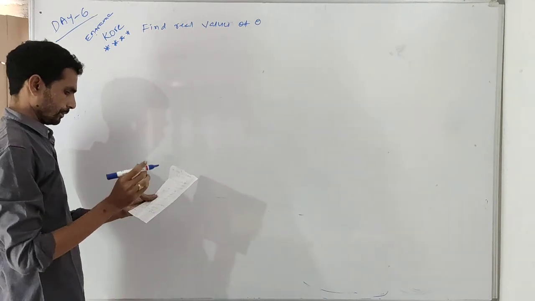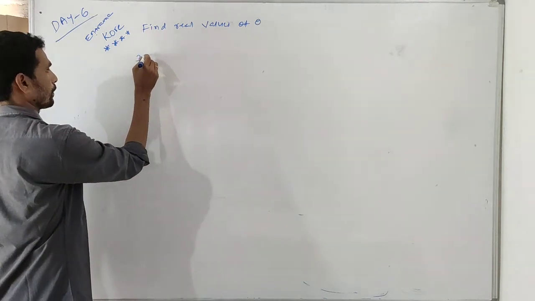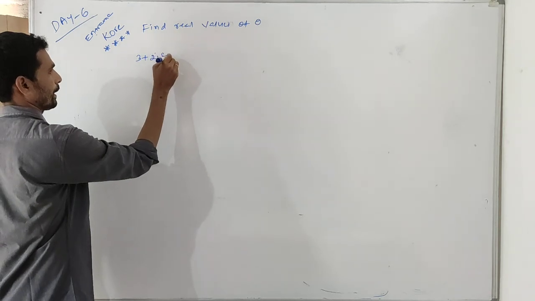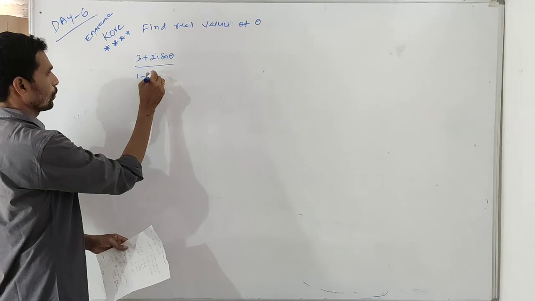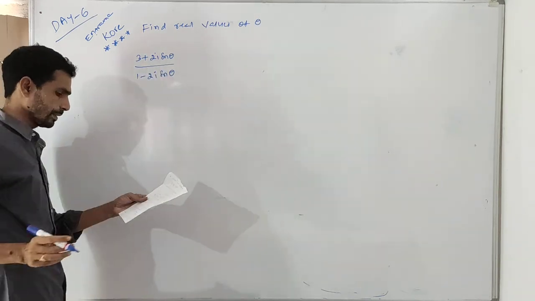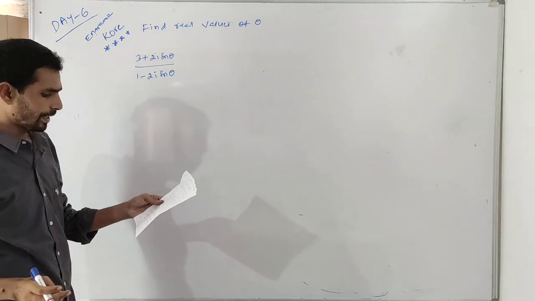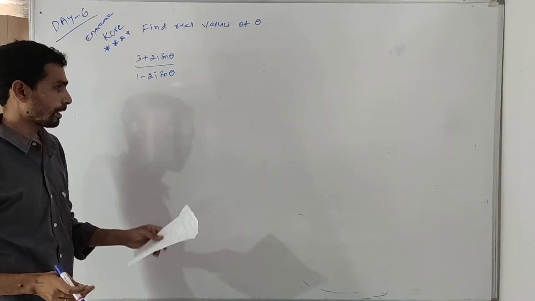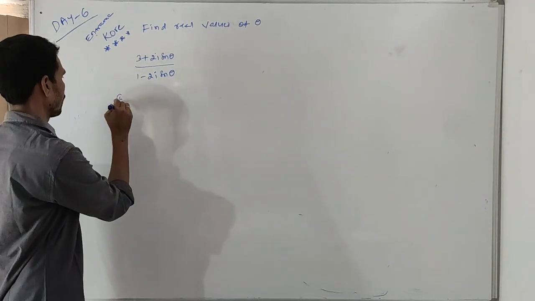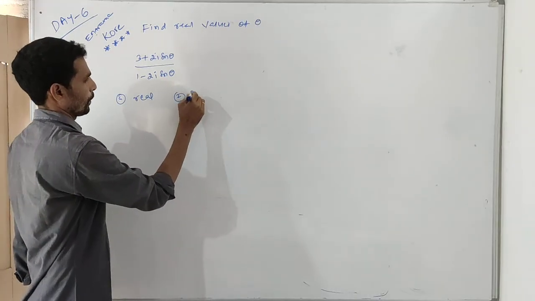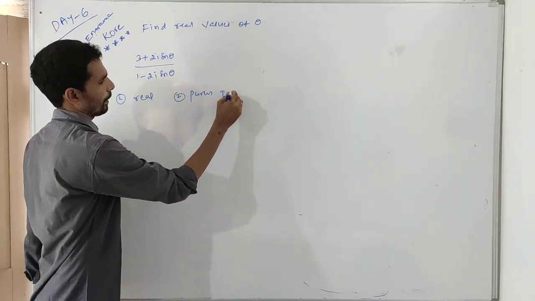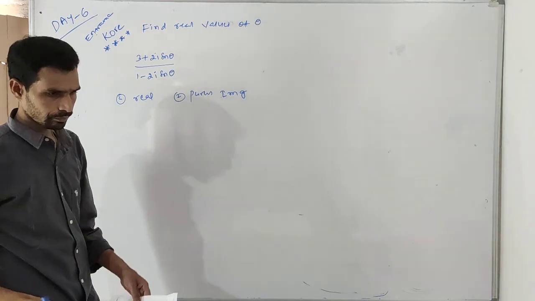The problem is (3 + 2i sin theta) / (1 - 2i sin theta). The first one is purely real, the second one purely imaginary.